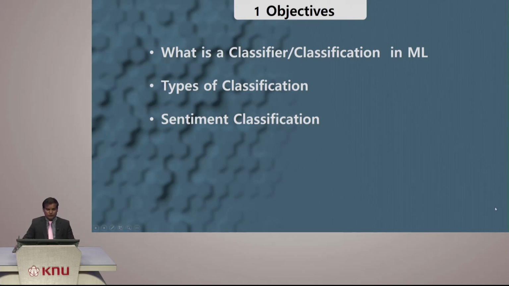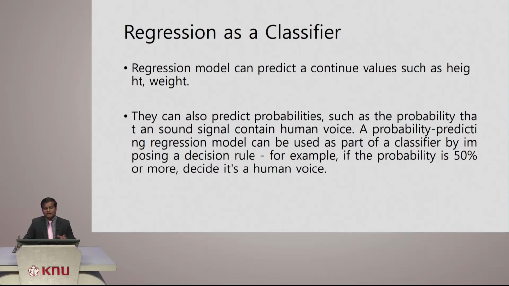Before we move on to the actual topic of classifier, let us discuss a few points on regression. Well, we already discussed what a regression is. You know what a regression is. A regression model can predict a continuous value such as height, weight, and so on.